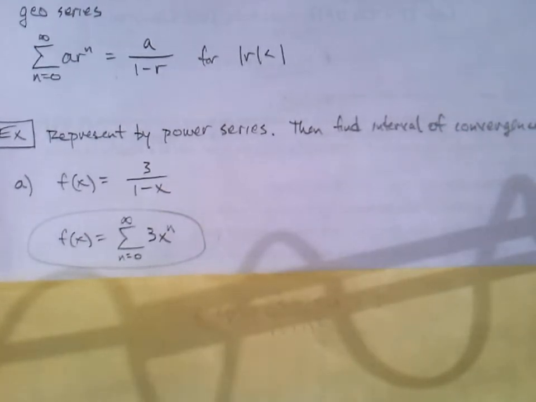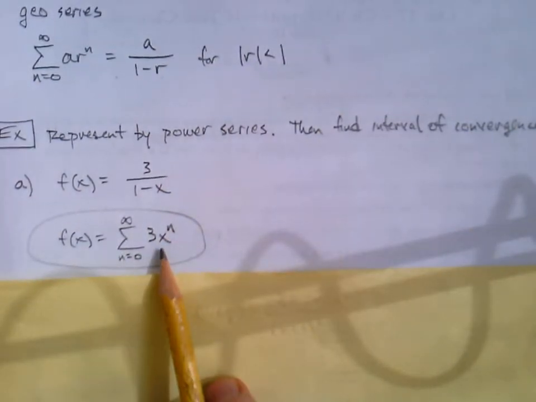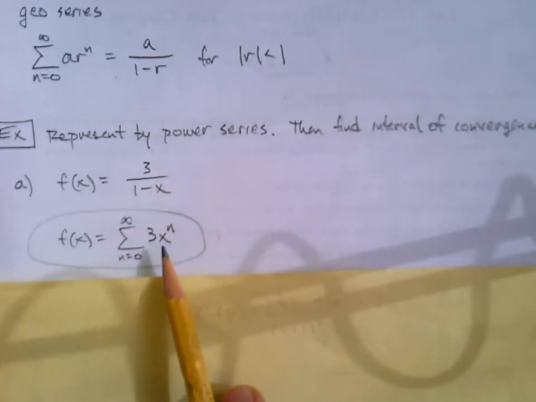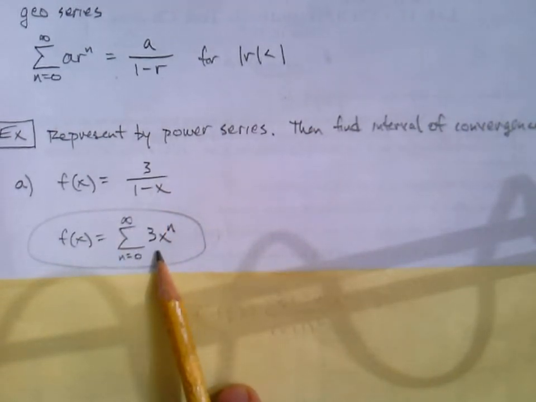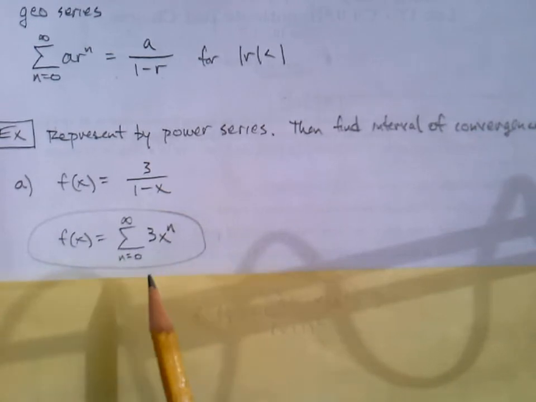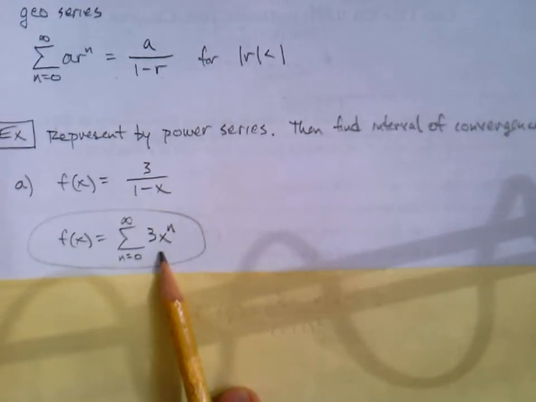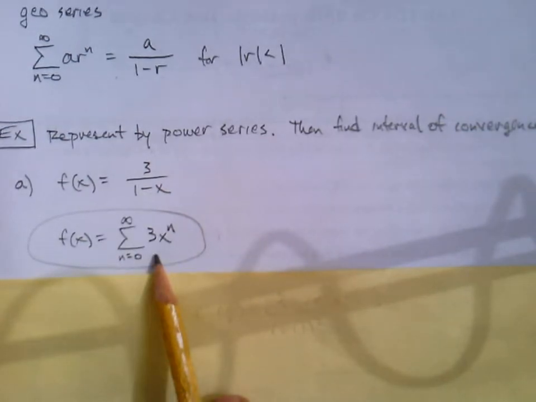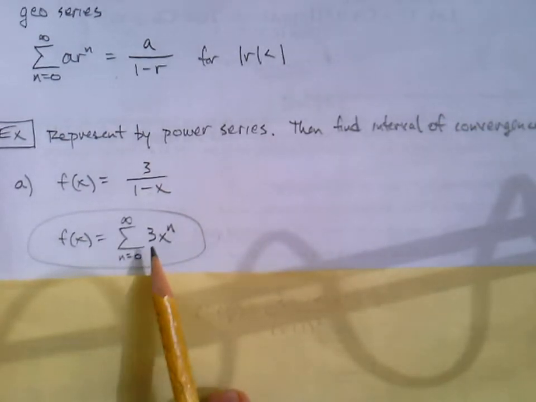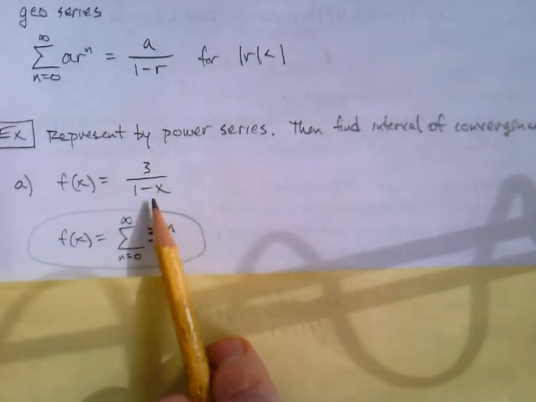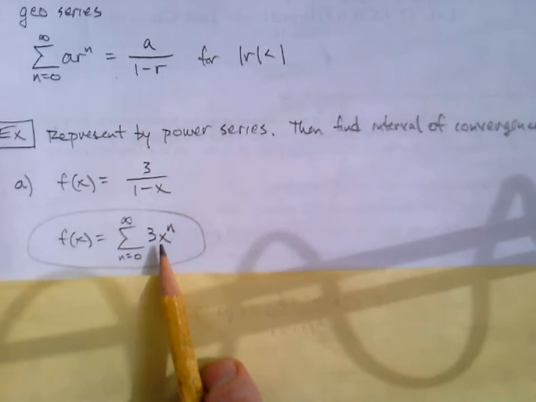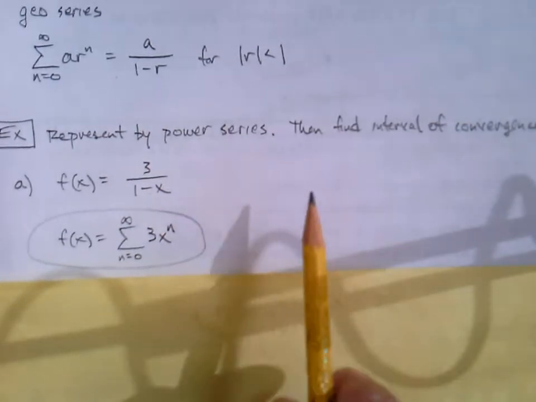Now, if we were in class, what I would do is jump onto Desmos, and it's really interesting to graph this original function and graph maybe several terms of this summation, maybe like 3 or 4 or 5 terms, and you'll see how the graph of this summation will very closely resemble the original f of x, but only around where this thing converges.